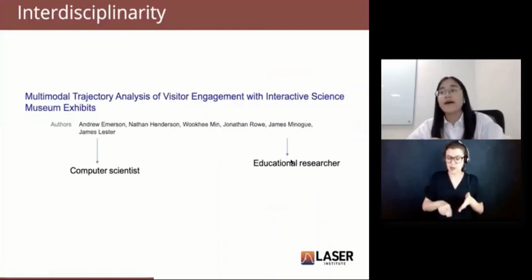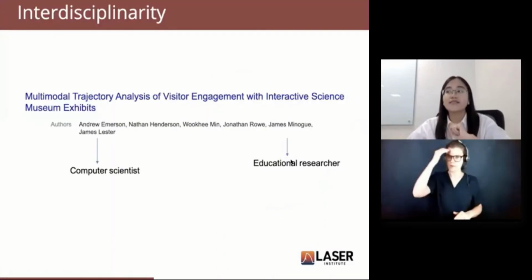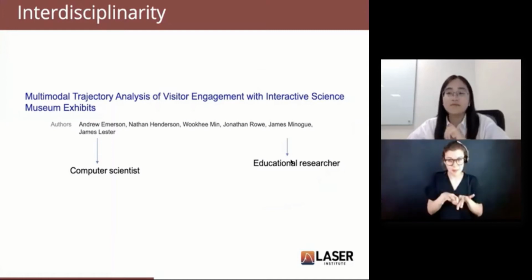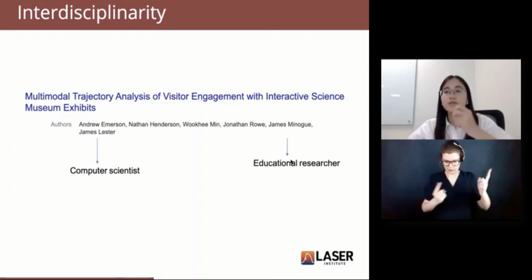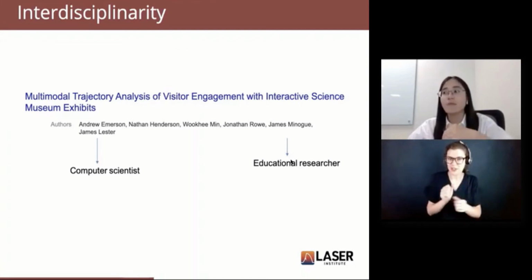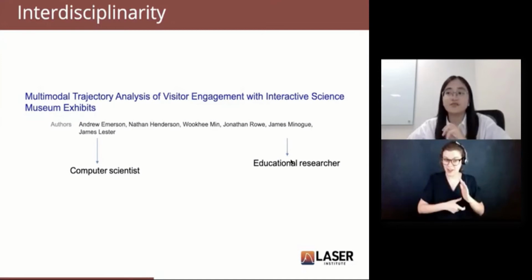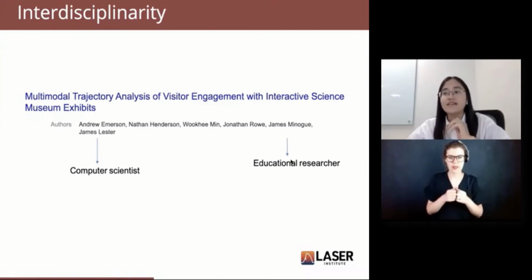And that's why in many projects, we see interdisciplinary teams working on the application of machine learning in STEM education. Like this one from NC State, multimodal trajectory analysis of engagement with interactive science museum exhibits. This article is about finding engagement patterns of museum visitors with multimodal data, such as eye gaze and facial expression.